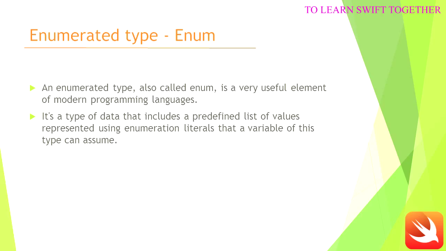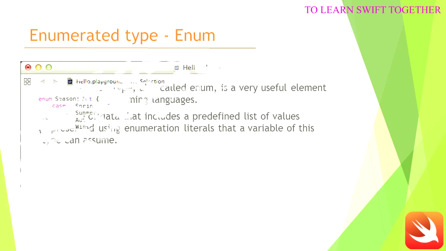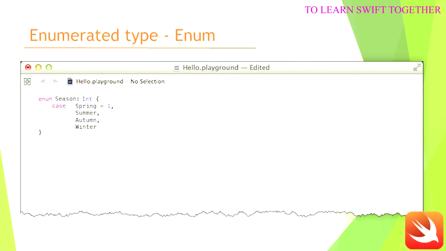If you haven't dealt with this type, the definition might look a little bit convoluted, but the example will surely explain everything. In the example, we can see an enumeration type, a season, which is based on integer values and defines 4 values: spring, summer, autumn, and winter.